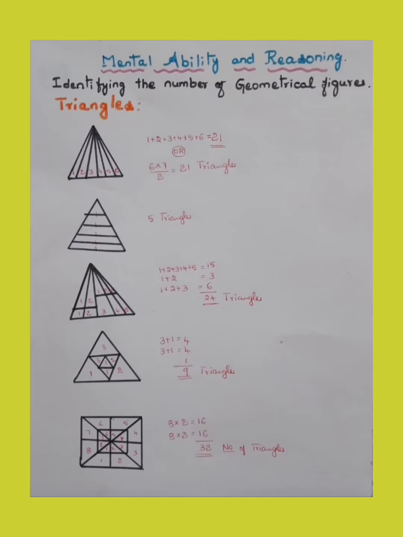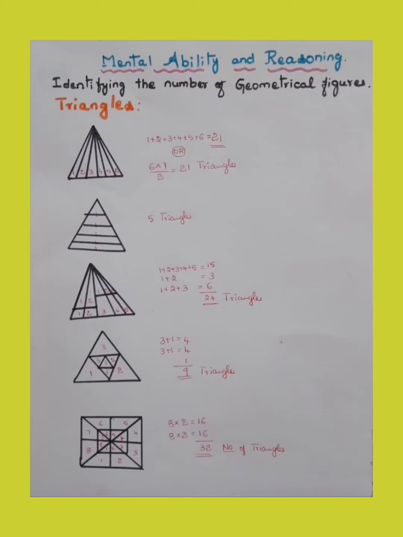Suppose only vertical lines are given, starting from the top and going down, with nothing else like cross lines or horizontal lines, just plain straight lines.